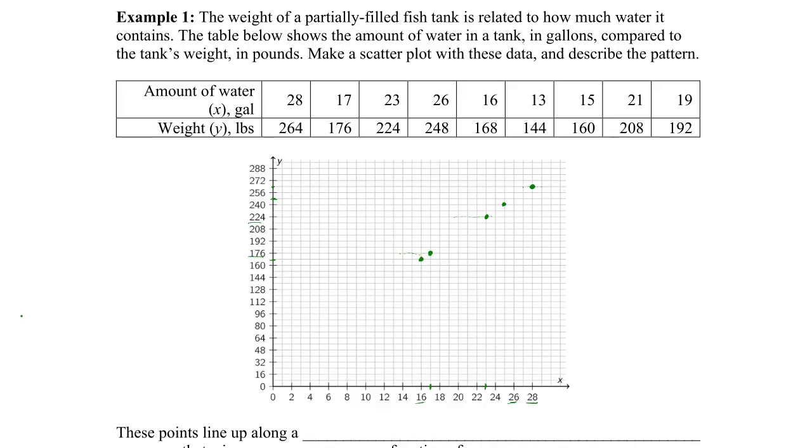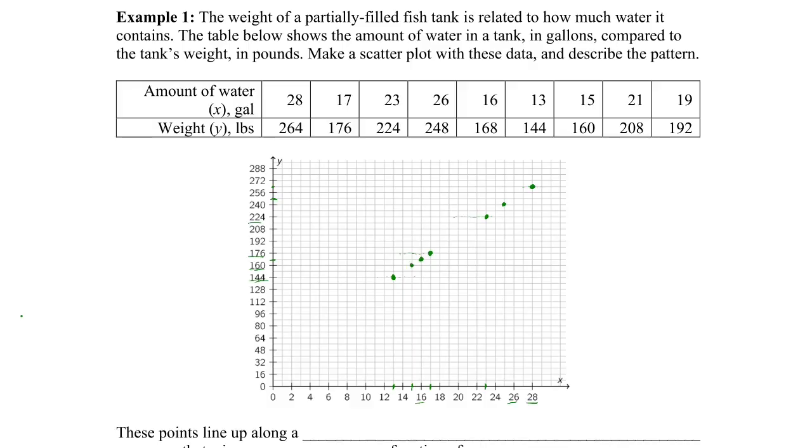When x is 13, y is 144. So there's the 13 on the x-axis, 144 on the y-axis, somewhere along there. There we go. When x is 15, y is 160. So there's the 15 on the x-axis, 160 on the y-axis.